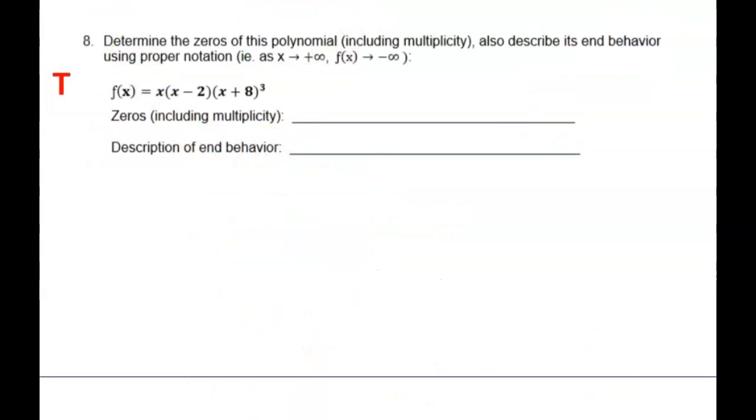All right. Oh, multiplicity. Makes me sad that we have so much trouble with multiplicity, but guys, it's the exponent thing. The 0 here would be -8. And that one has an exponent of 3, so it's multiplicity 3. The 0 here, the opposite of that would be 2. That has no multiplicity, or it's an exponent of 1, so you can write multiplicity 1.